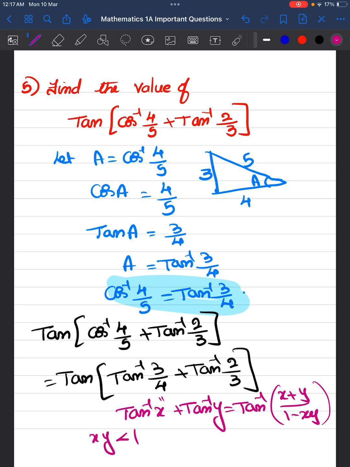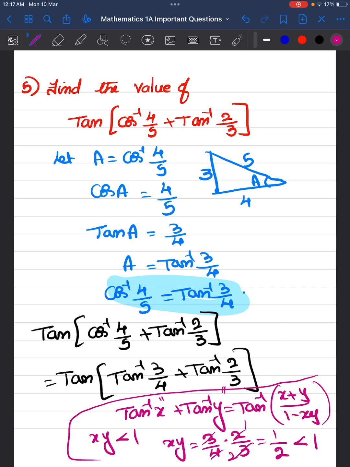Here x is 3 by 4, y is 2 by 3. So if I consider xy, what happens? 3 by 4 into 2 by 3. 3 will get cancelled, and 2 times. So xy is 1 by 2, which is less than 1. So 100% we can apply the formula.